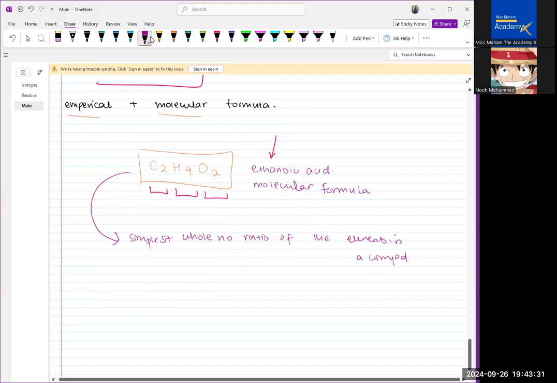So if I were to convert this molecular formula to an empirical formula, I will just take the simplest ratio. What will be the simplest ratio of C2H4O2? 2 ones are 2, 2 twos are 4, 2 ones are 2. So what's the simplest ratio? 1 carbon, 2 hydrogens, 1 oxygen.